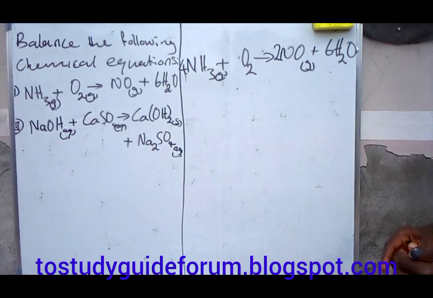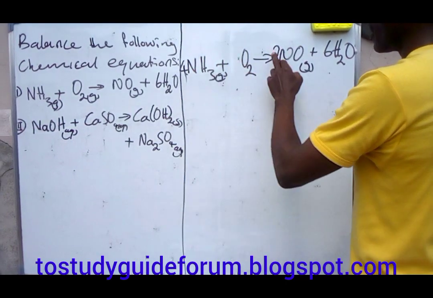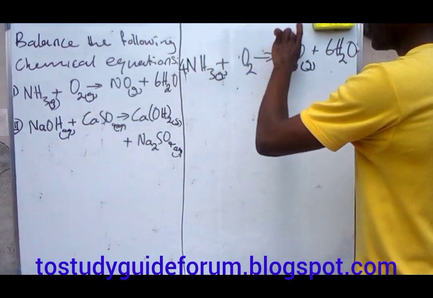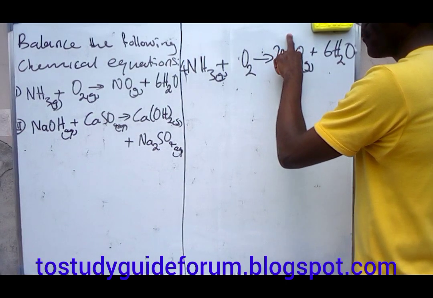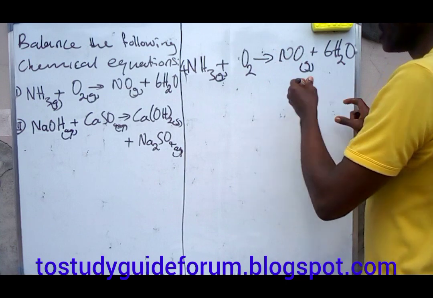So in that case, if this place is 4 nitrogen, we need to have 4 nitrogen here. If we have 4 nitrogen here, it means we are going to make this place 4.